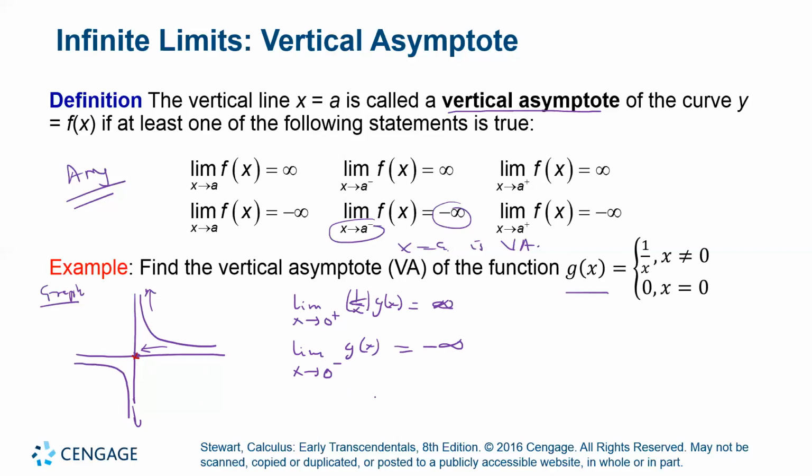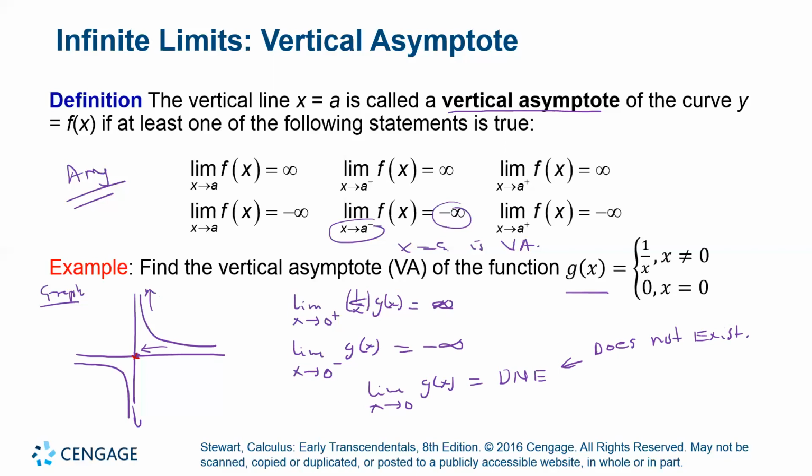Therefore, what can you say? What is the limit as x approaches 0 of g of x? This one does not exist. I mentioned this before. It does not exist because it's kind of rotating. You're going up, increasing positively and decreasing negatively, and there's no way they will be equal.